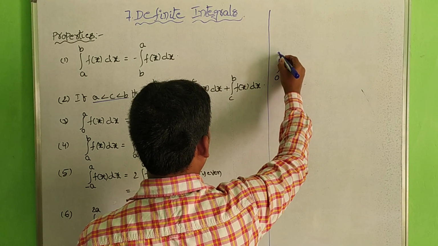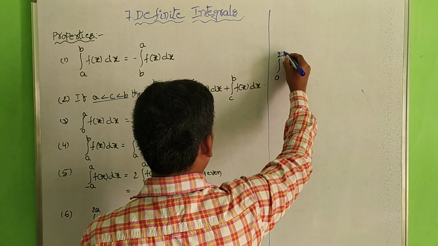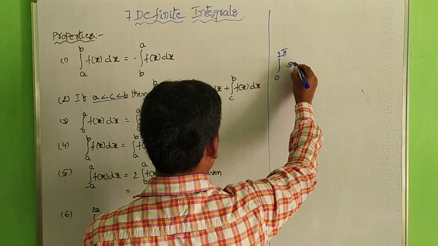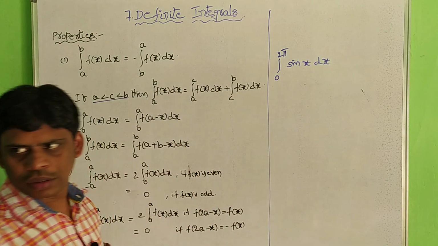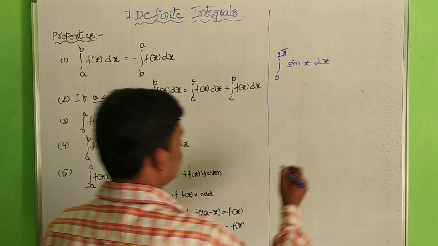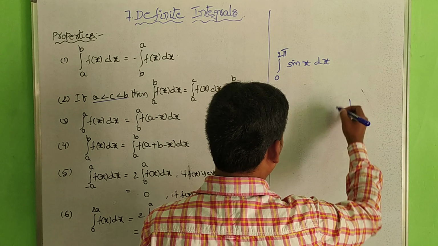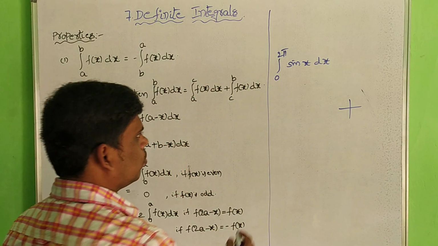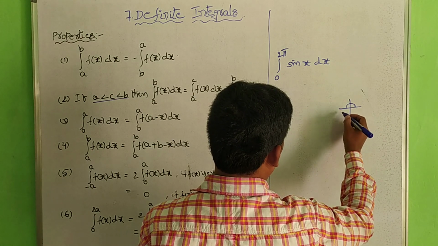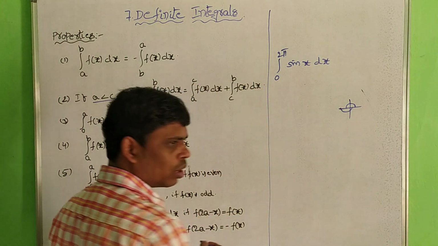For example, integral 0 to 2 pi sin x dx. But sin x is not always positive. Quadrants 1 and 2 are positive, quadrants 3 and 4 are negative.